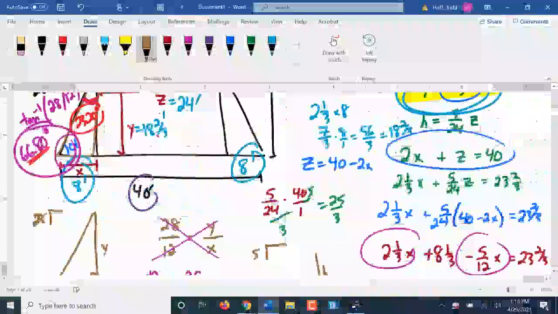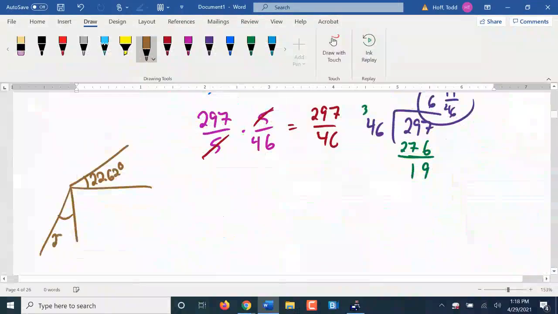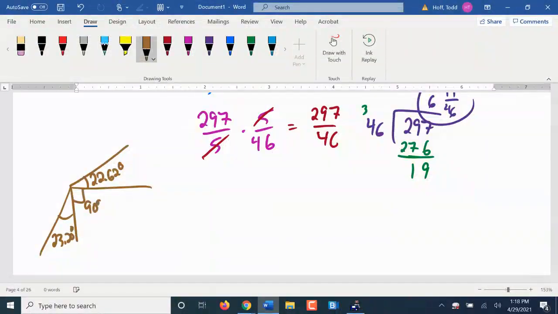This was 23.20 degrees down here. And this is 90 degrees. If we add those all up, we get 133.82 degrees for angle phi.